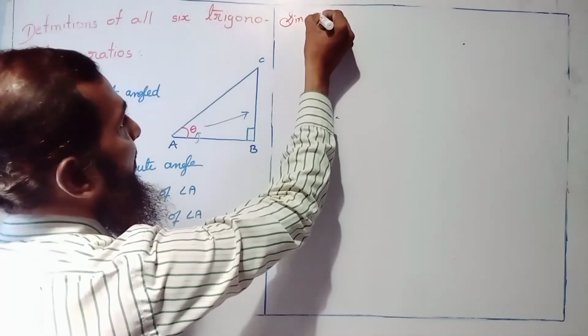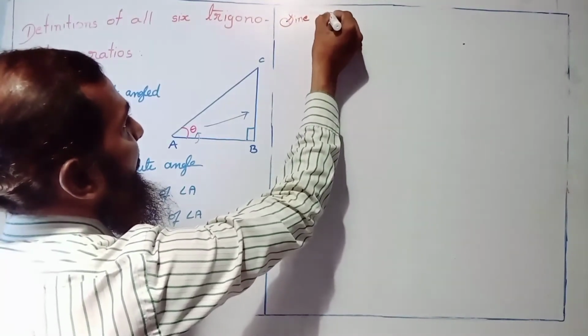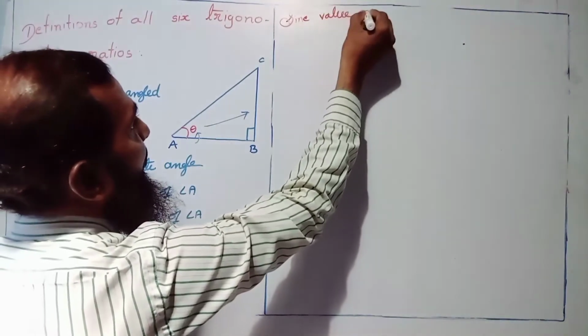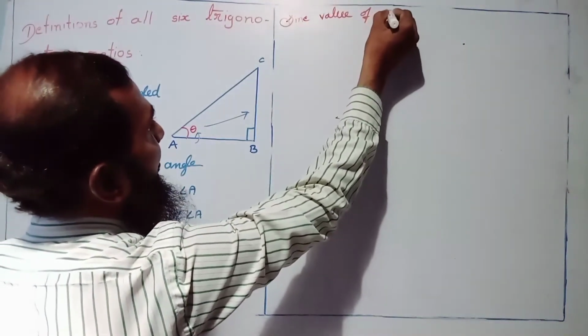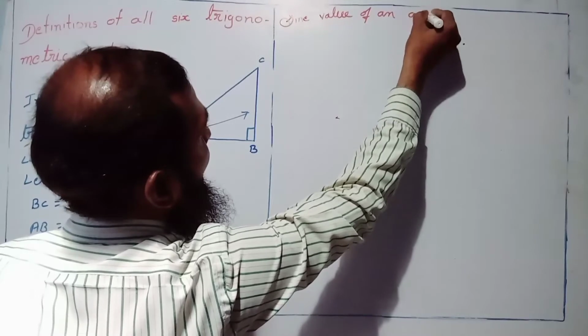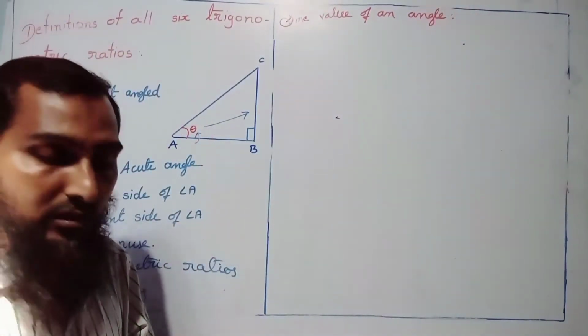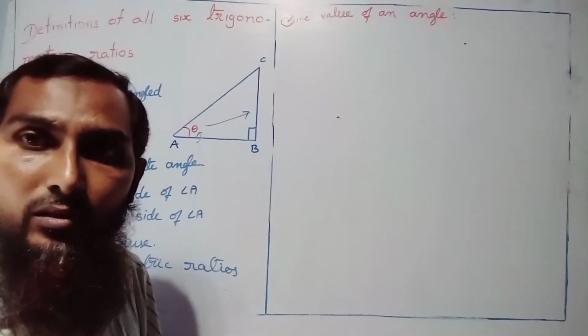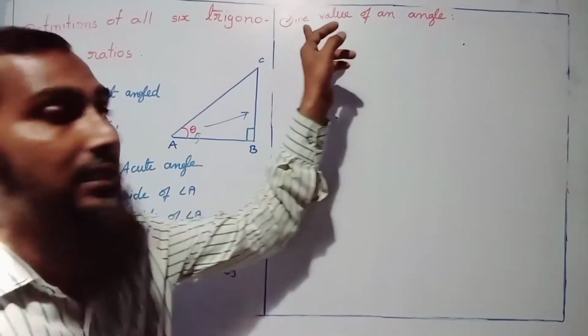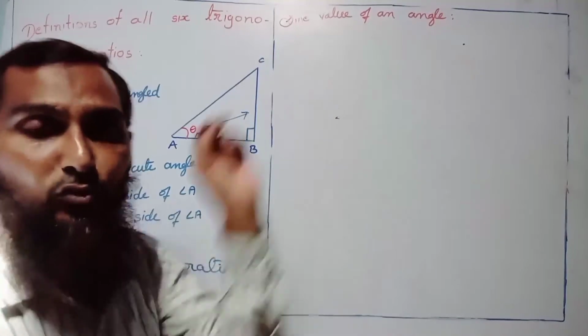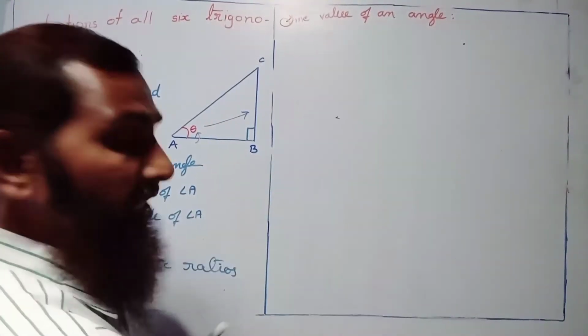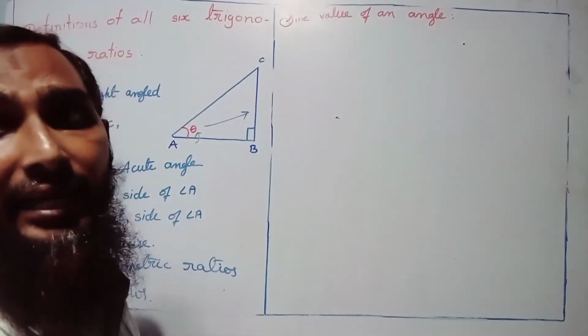What is the definition of the sine of an angle in a right angle triangle?